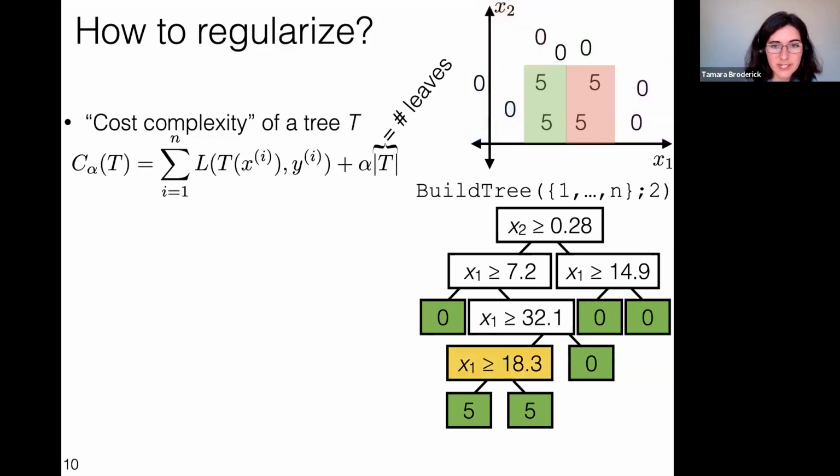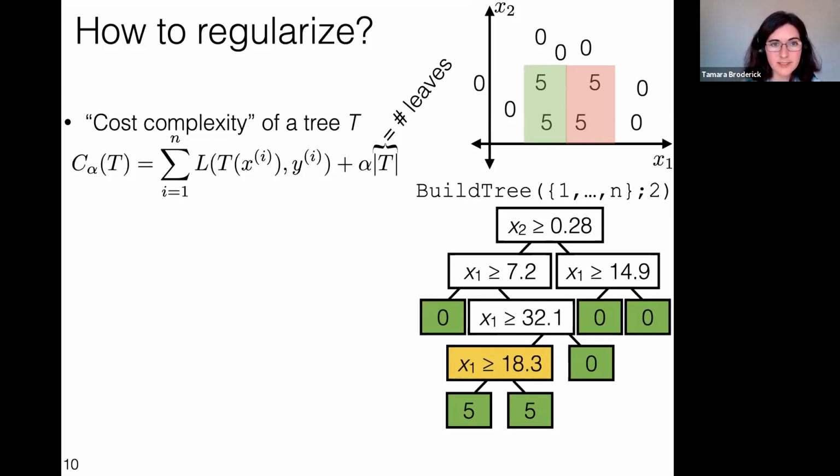Okay, so let's look at our tree over here. If we had our whole tree, it describes this whole space with a bunch of partitions in it. But let's look specifically at this little subtree down here at the bottom, the subtree that's defined by the x1 greater than or equal to 18.3 split and its two children, the 5s.